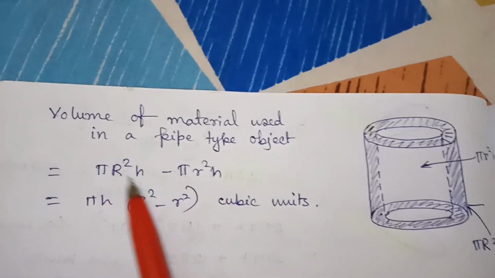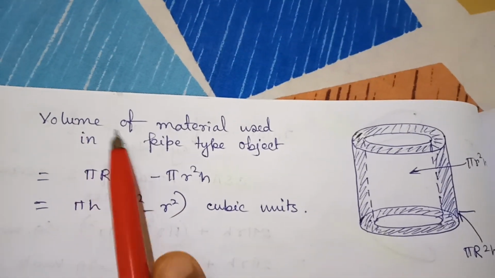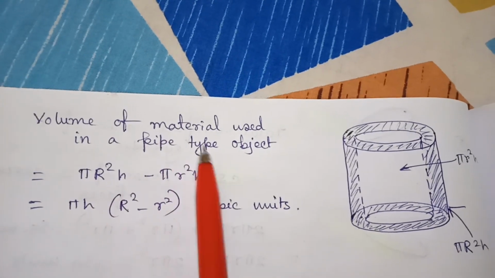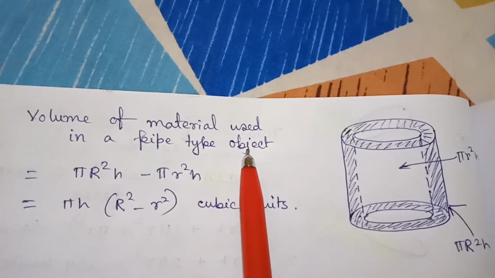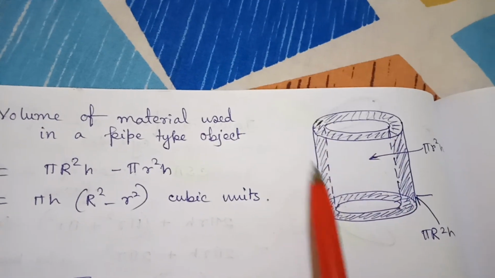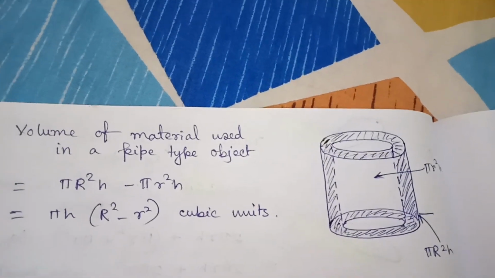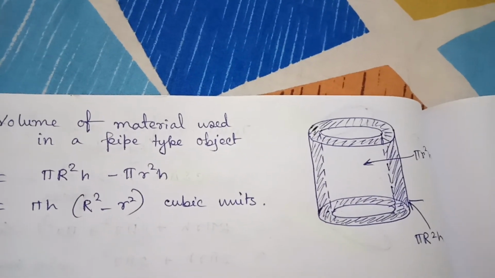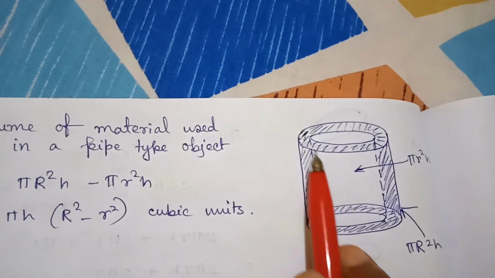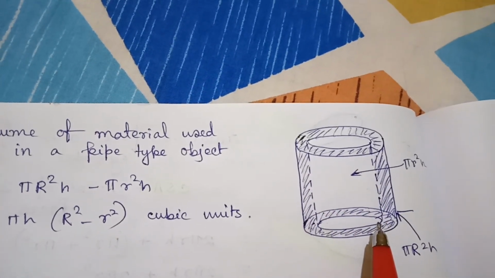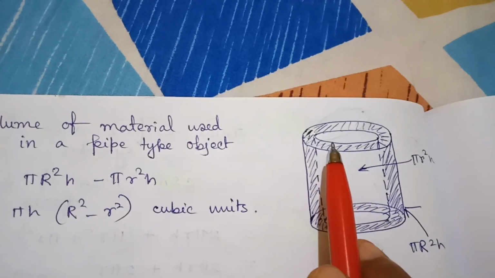Now we have to find out for hollow cylinder the volume of material used in a pipe type object or hollow cylinder. Look at the figure. I have drawn the figure in a convenient way.